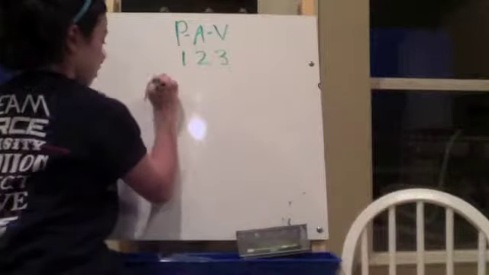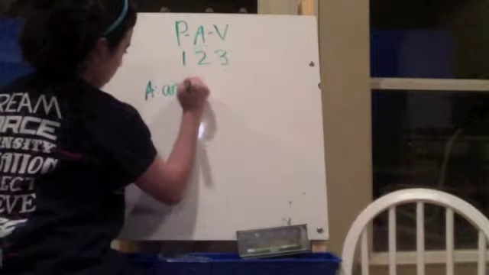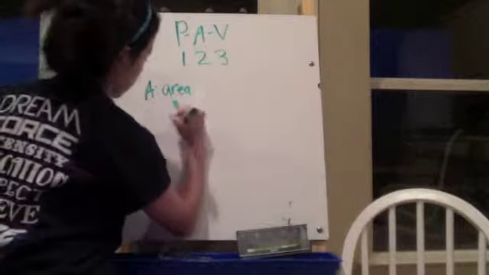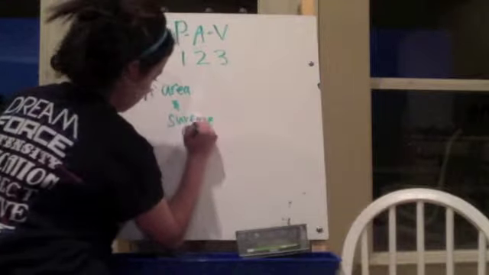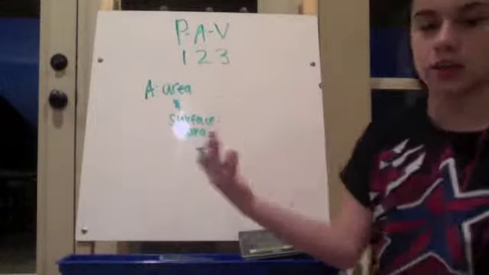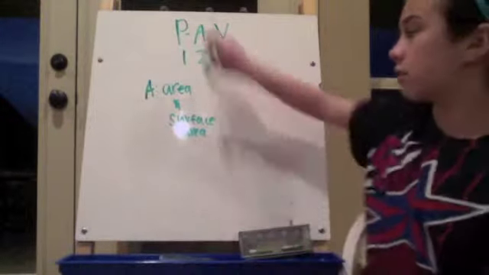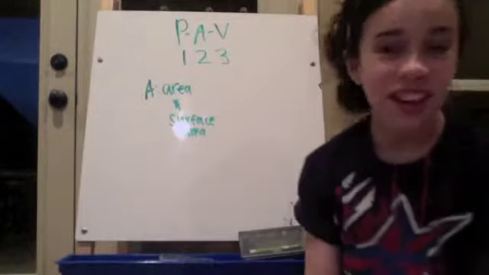But A stands for area and surface area. So that could be one thing that's confusing. If you think 3D, you think surface area, but really that goes to 2.